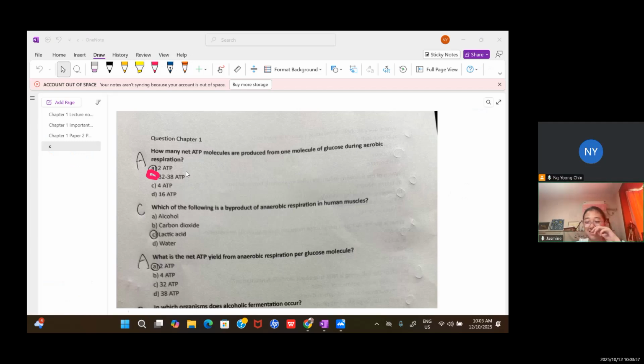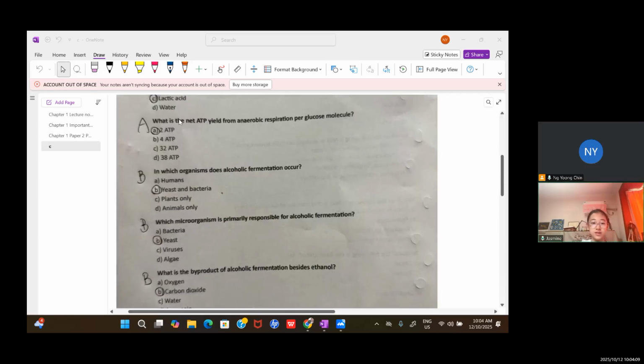Scientists quantify the amount of energy produced, so they found it's about 32 to 38 ATP from aerobic respiration, and only about 2 ATP from anaerobic respiration, because it produces a lesser amount of energy.